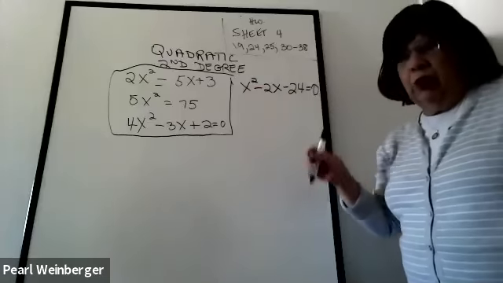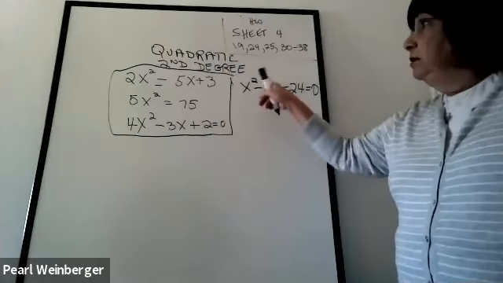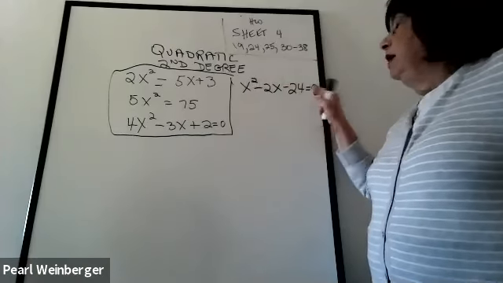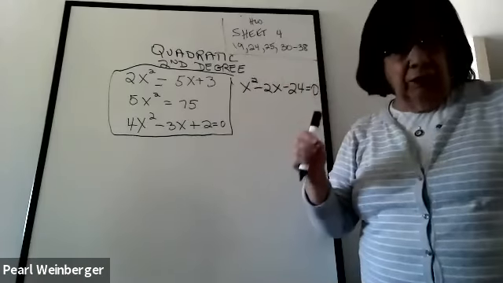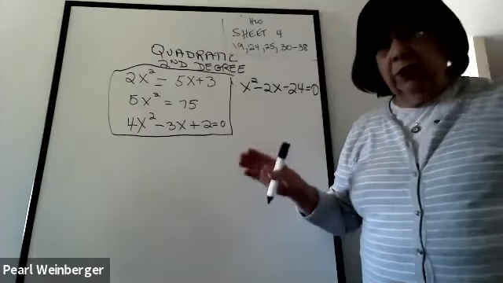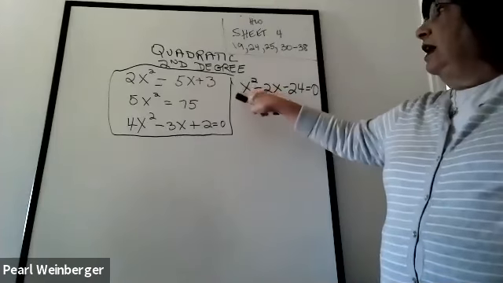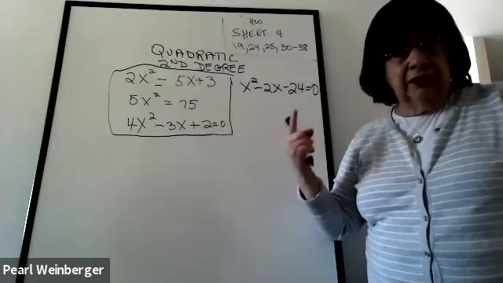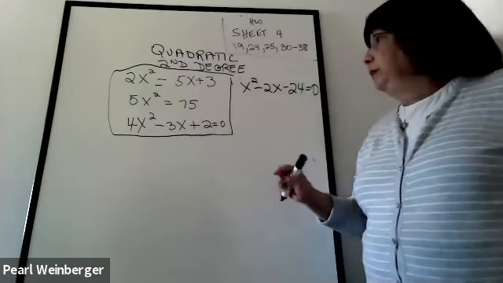Again, I know it's a quadratic equation because it has an x squared in it. Don't tell me it's a quadratic equation because it equals 0. That is not what makes it a quadratic equation. What makes it a quadratic equation is the fact that one of the variables has at least an exponent of 2.